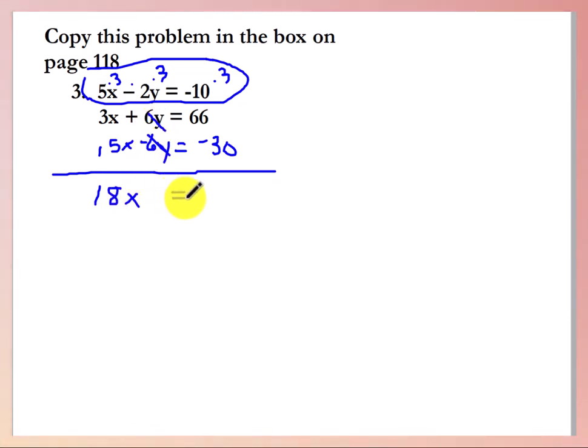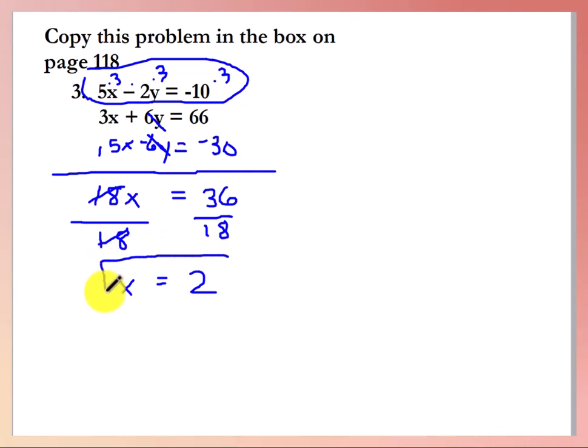Write the equal sign, and then negative 66 minus 30 is negative 96. Go slowly and carefully. Don't forget your negative signs. Divide by 18, and 18 divided by 18 is 1x equals 2.